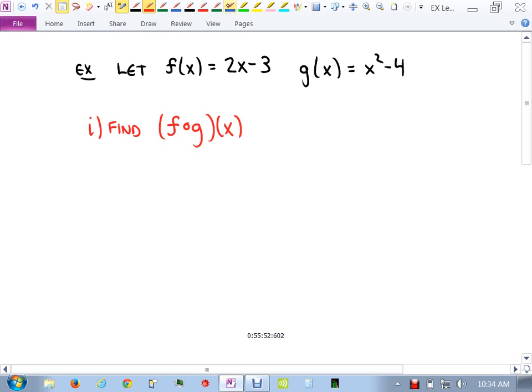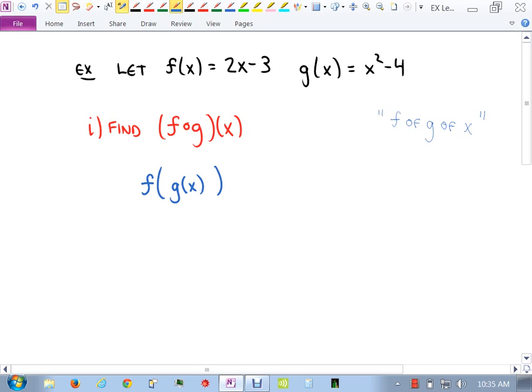Now, I never told you how you would say that, so I'm going to put that over here. The way you say that is f of g of x. That's the way you'd say that in words to someone. By looking at that, though, you need to know, maybe on your cheat sheet or something, that that actually means this. It means the f function, inside of it the g function, right?